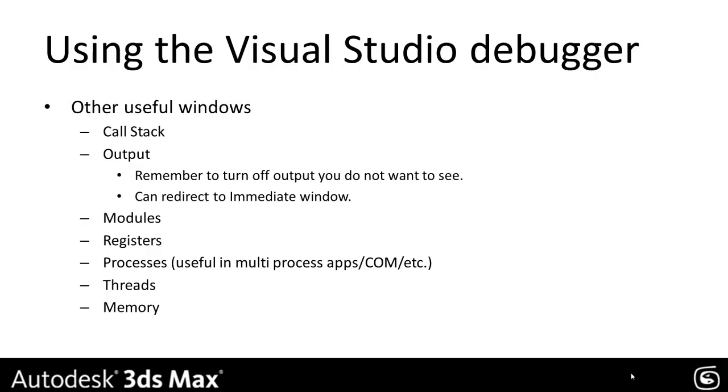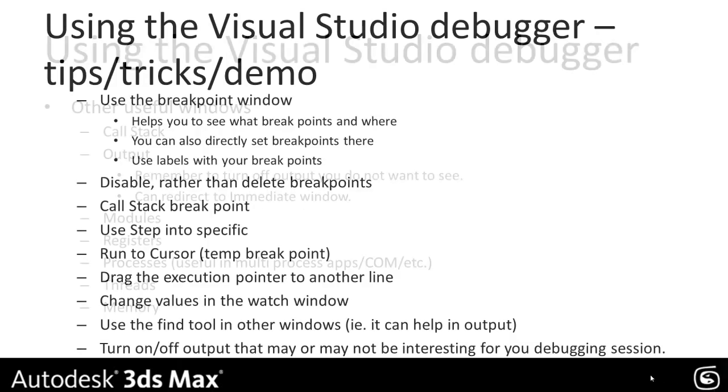There's the modules window, which will show all the modules that are loaded in the process space. So that's useful to see maybe if your plugin got loaded or that kind of thing. There's the registers. That's pretty low level CPU registers. The processes, threads, and memory. So these last four probably aren't that interesting in the context of 3ds Max, but they can be very useful.